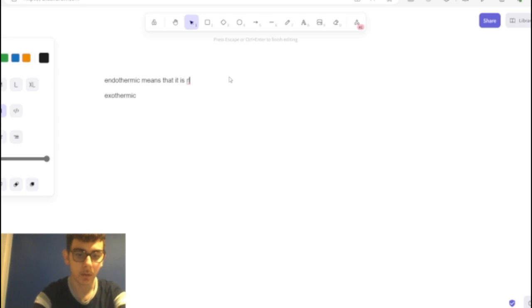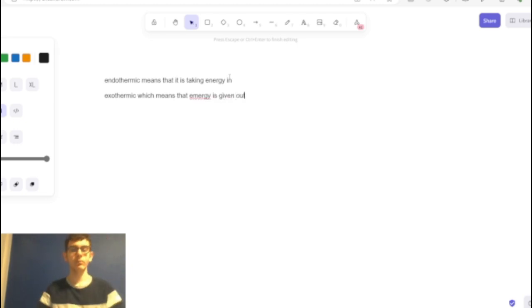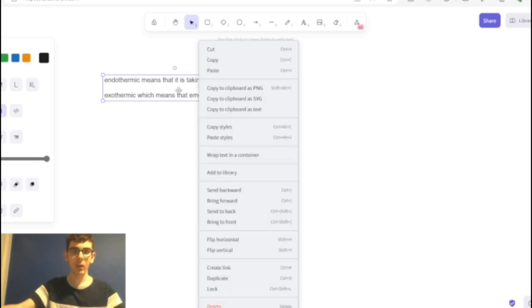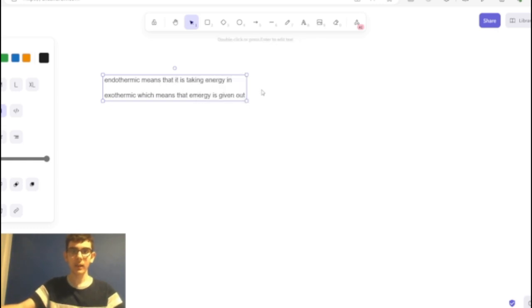It is taking energy in. Heat is a type of energy. So endothermic means energy is taken in, so there's an energy increase. Whereas exothermic means energy is given out. Overall, there's an energy decrease.